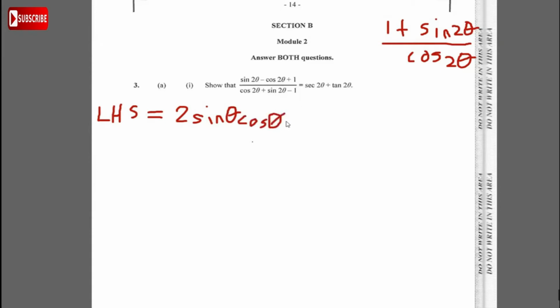There are 3 identities, but I'm going to use 1 minus 2 sine squared. You might wonder why. I'm using this one because I want sine in the numerator to be dominant and cos in the denominator to be dominant, if that makes sense. So I'm going to use 1 minus 2 sine squared, as for cos 2 theta plus 1.